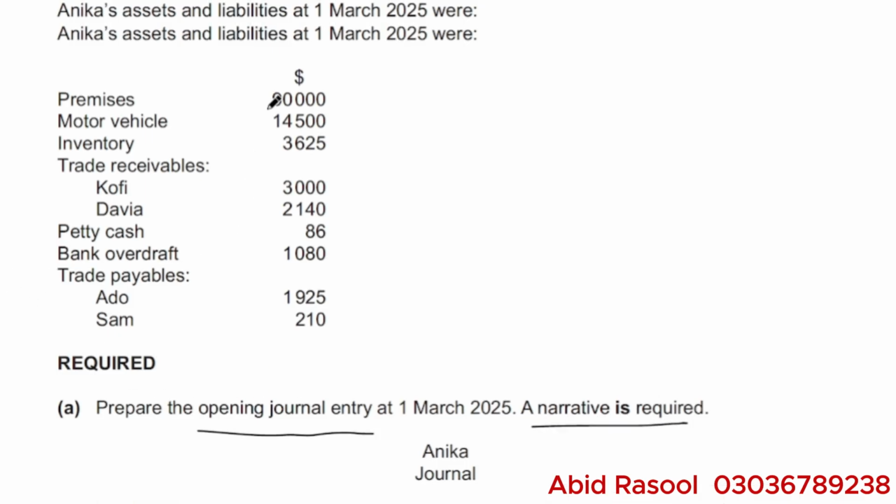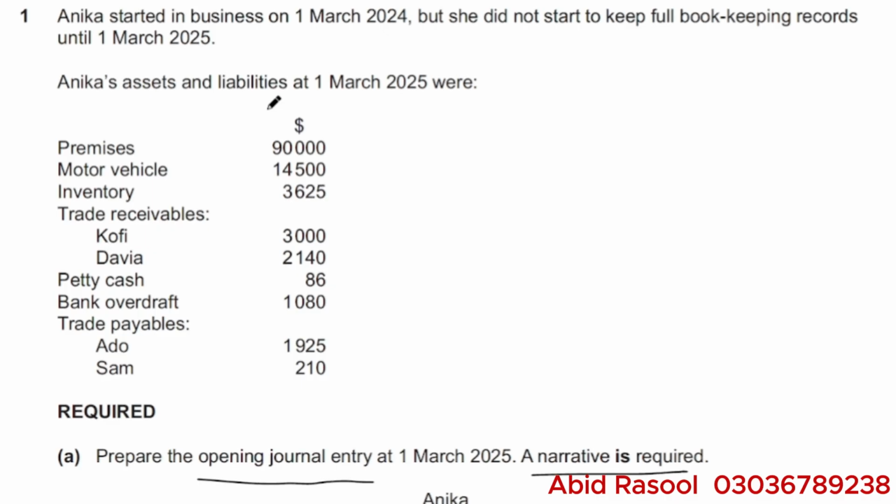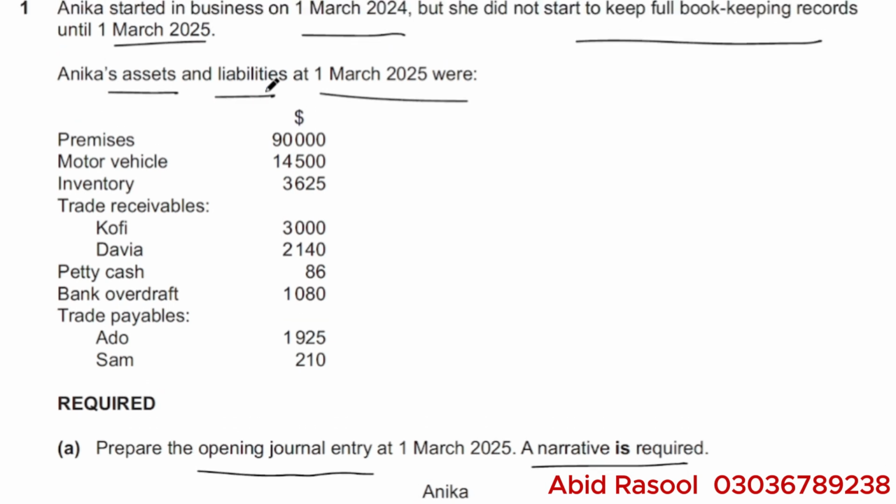We see what the items are given. Anika started a business on 1st March 2024, but she did not start to keep full bookkeeping records until 1st March 2025. Anika's assets and liabilities at 1st March were given.